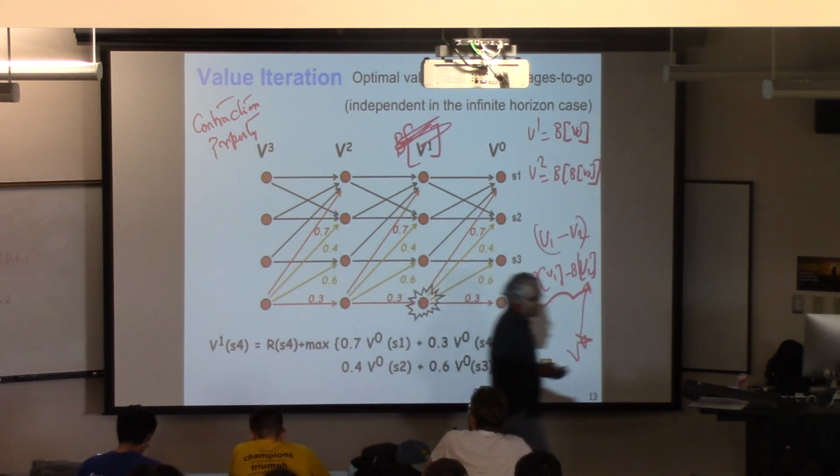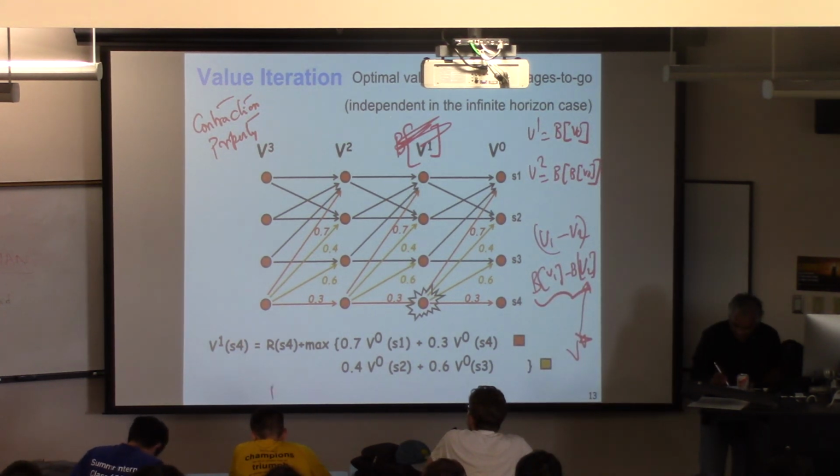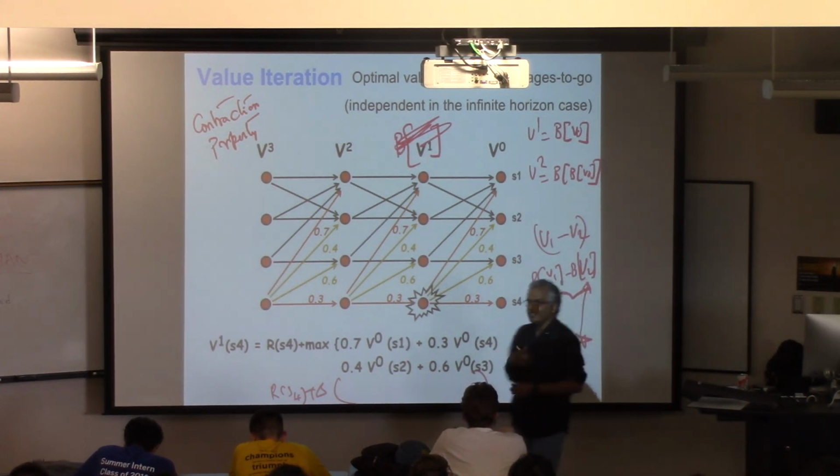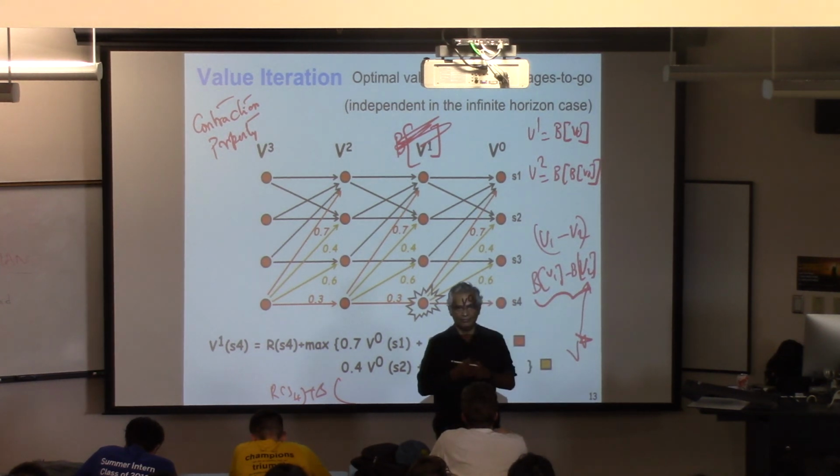You see what I'm saying? So I just need to take this and say R(S4) plus beta times this whole thing. You do this, you're guaranteed that stuff will work and numbers will come out. That's all anybody ever wanted. Question is, what the heck did we do? Why is this reasonable?